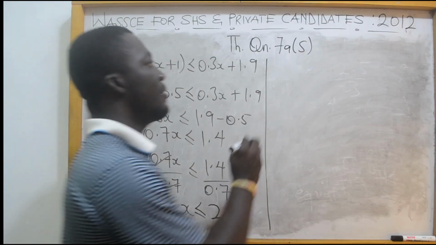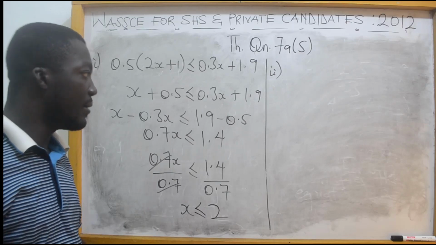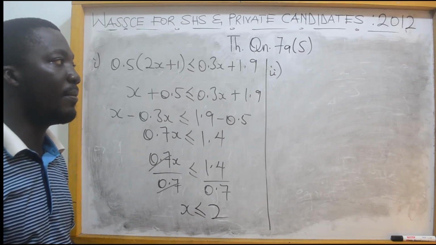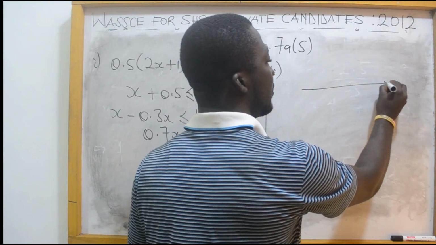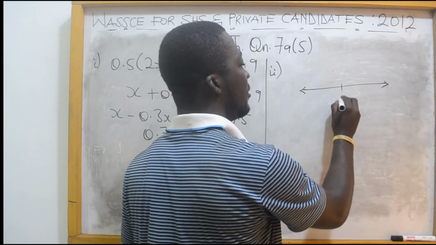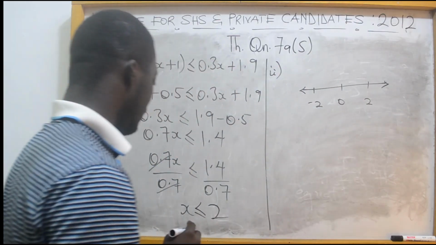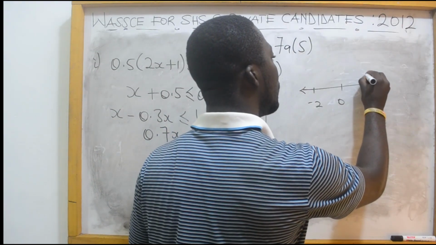In the II part of the question, we are to illustrate x is less or equal to 2 on a number line. And this is how it will be. This is our number line, 0, positive 2, negative 2. So we draw the small circle on positive 2.